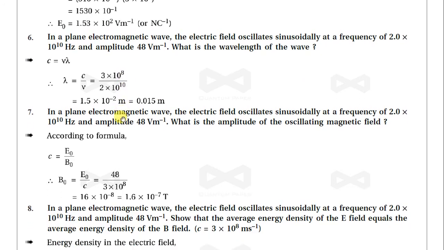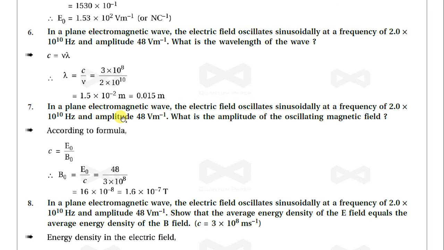Now see here a plane electromagnetic wave. The electric field oscillates sinusoidally at a frequency of 2.0 into 10 raised to 10 Hz, and the amplitude is 48 volt per meter. What is the amplitude of the oscillating magnetic field? The electric field is 48 volt per meter, and C is the velocity of light.